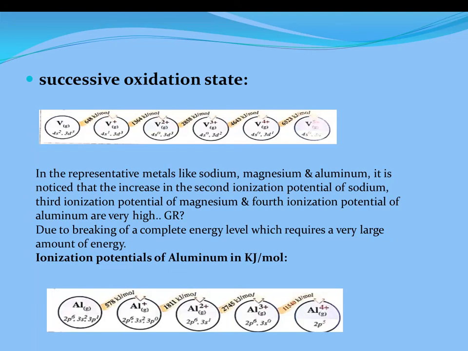In the following table, we have the ionization potential for aluminum. To aluminum positive 1, we have 578 kilojoule per mole. From positive 1 to positive 2, we have 1811 kilojoule per mole. From positive 2 to positive 3, we have 2745 kilojoule per mole. From positive 3 to positive 4, we have 11,540 kilojoule per mole.